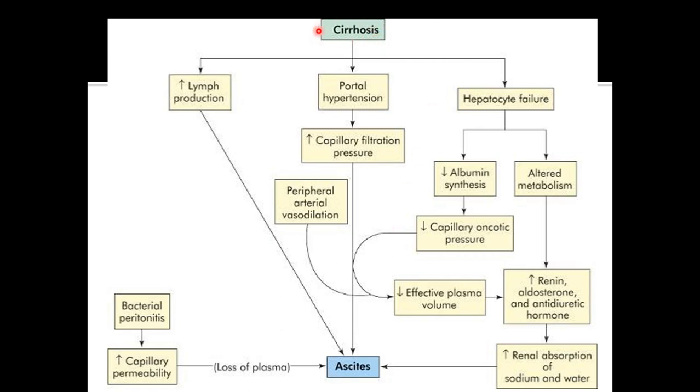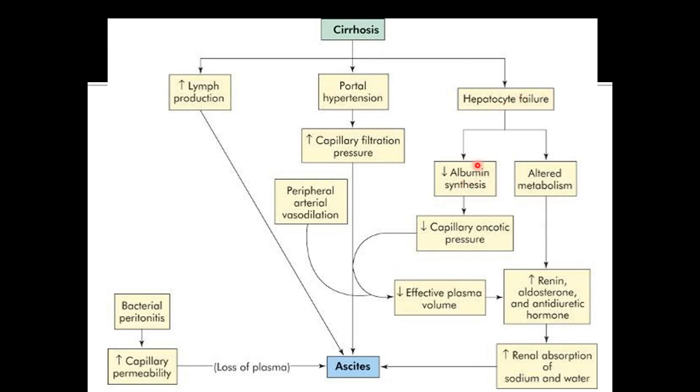So we've got liver cirrhosis up here at the top, which can lead to portal hypertension, which can lead to increased capillary hydrostatic pressure, which is a filtration favoring force, and that can lead to ascites. Also, cirrhosis, we've got hepatocellular failure. So everything that hepatocytes do starts to fail.